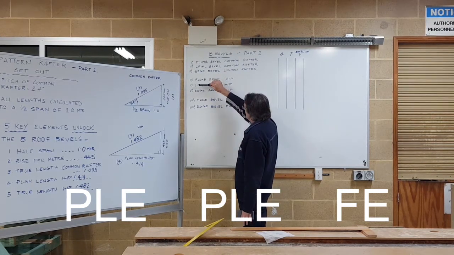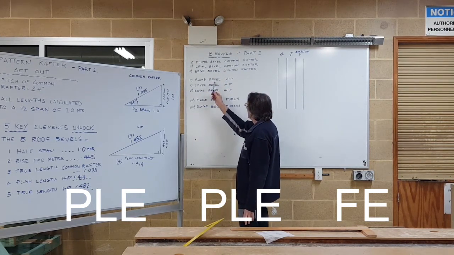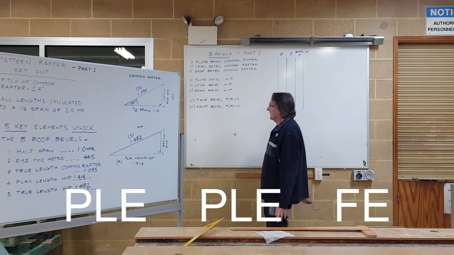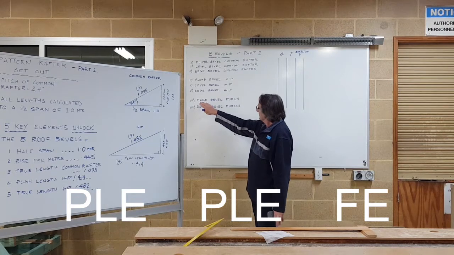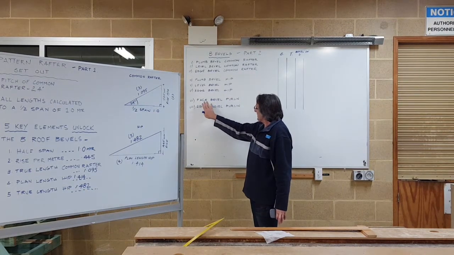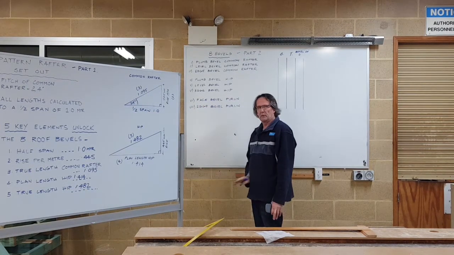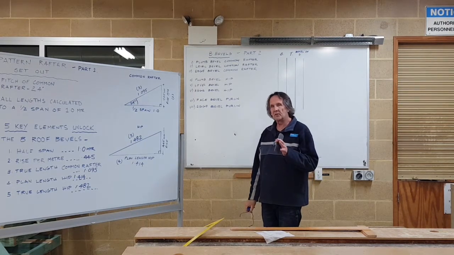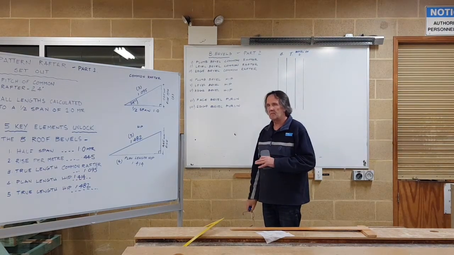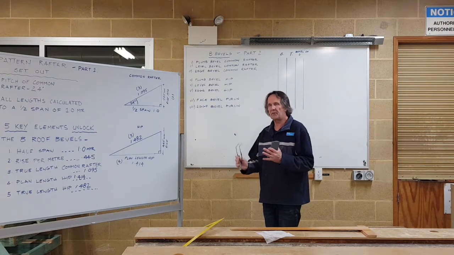And then PLE again, plumb bevel hip, level bevel hip, and edge bevel hip. And finishing off with 7 and 8, face bevel purlin, edge bevel purlin. We need all of those angles to make the cuts on our timber to construct the job.